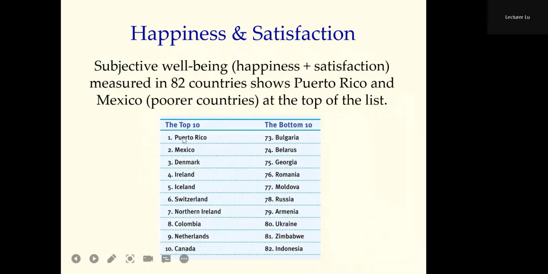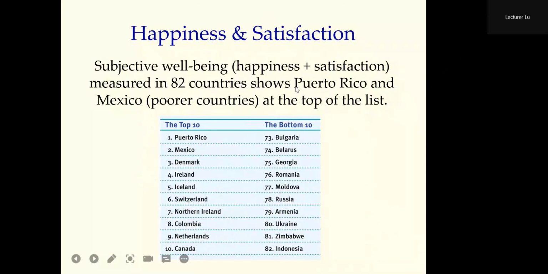And the research shows who is the top one. It's a country that probably a lot of people have never heard of, Puerto Rico. Puerto Rico is a Caribbean island. It is an unincorporated territory of the United States, but it has its own government.